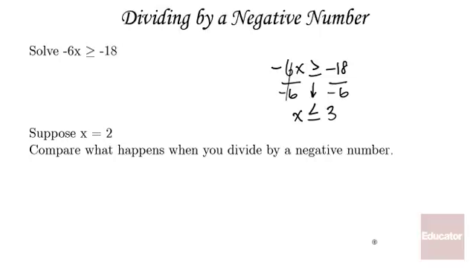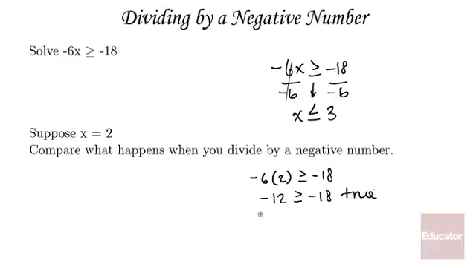Let me demonstrate by using a substitution problem. Let's suppose x equals 2. Let's compare what happens. So if I had negative 6 times 2, and that holds true for x, this should work out. So negative 6 times 2 is negative 12. Is it greater than negative 18? Yes, it's true.